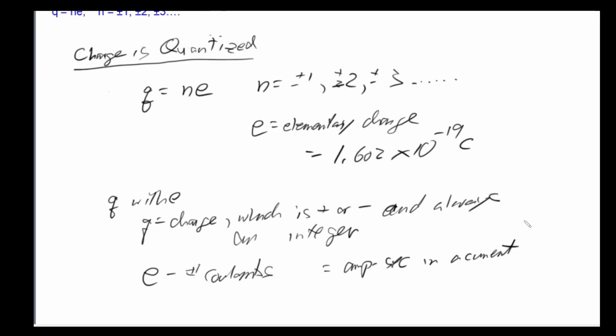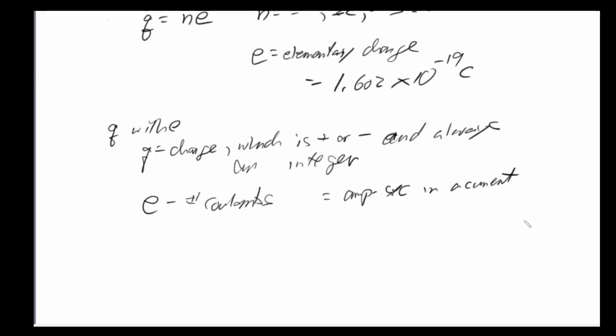So let's do a little bit of an aside for that. Current, which is given as I in amps, is defined as Q over T, where Q is in coulombs and T is in seconds. And basically, it's the rate at which Q charges move past a point per unit time.